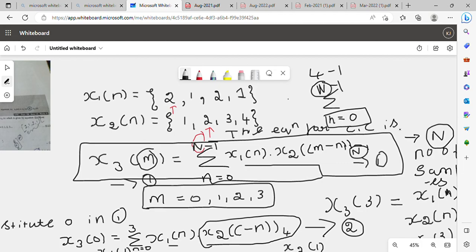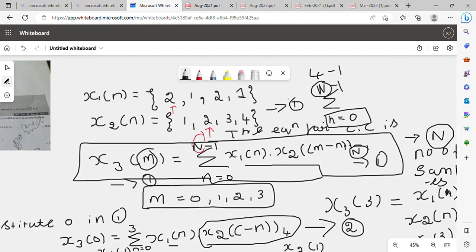I guess you understand, right? So you write the equation for circular convolution, and then you write this particular equation. That is step number 2. Step number 1 is you write the given sequence, and then you write this particular equation.